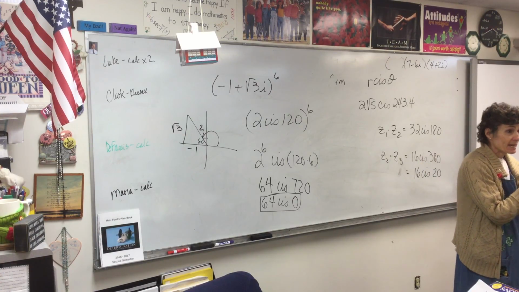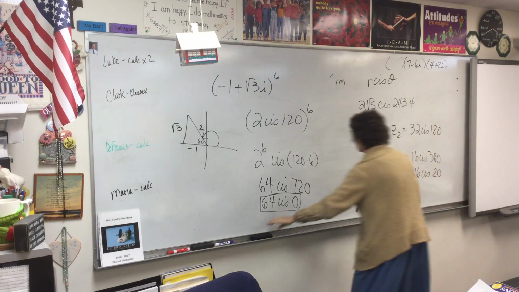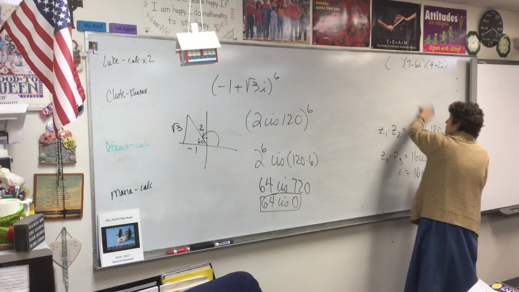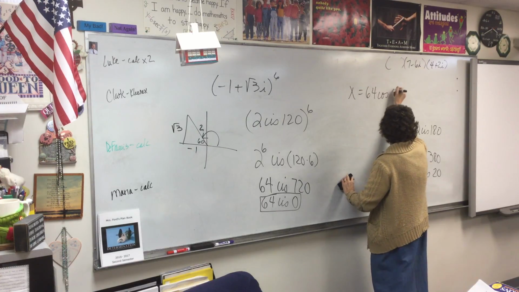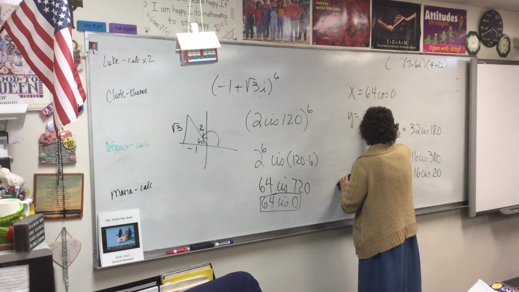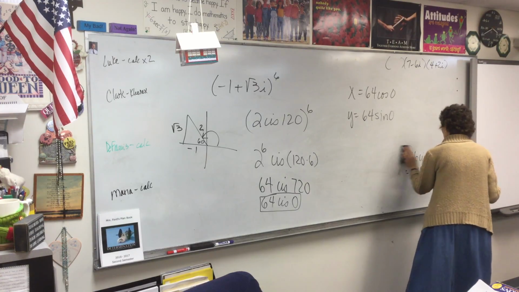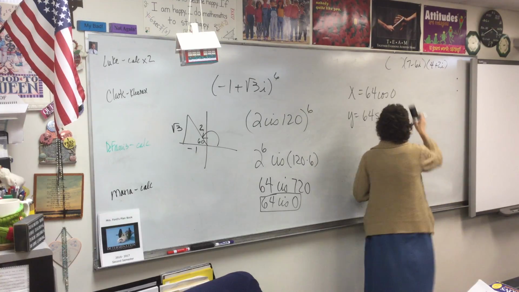But that's easy, because changing it back to rectangular means find x and y. And how do we find x and y? x equals r cosine theta. So x is going to equal 64 cosine 0, and y is going to be 64 sine 0. Now again, no calculator necessary.